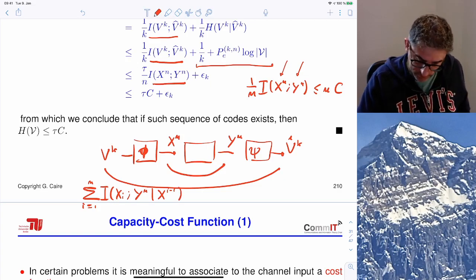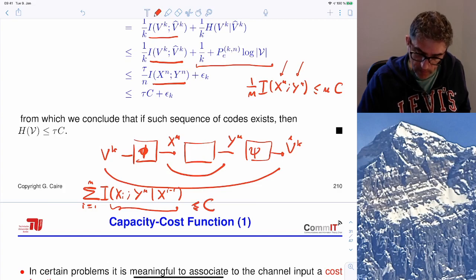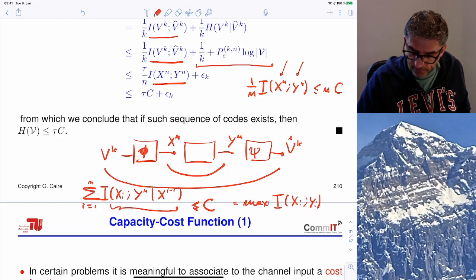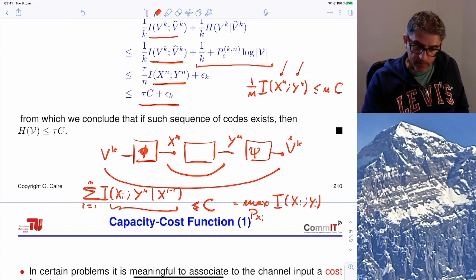And then each of these terms is less or equal than C, because C is the max of this over the distribution over i. At the end, we end up with this bound.